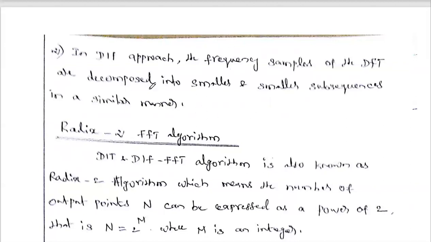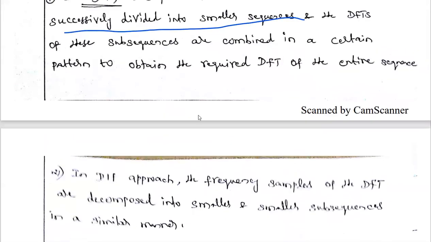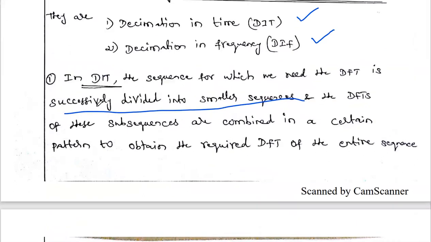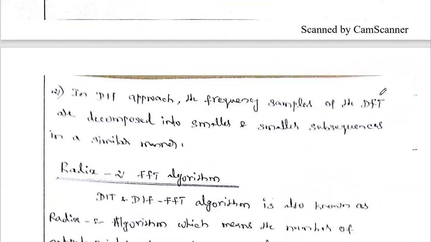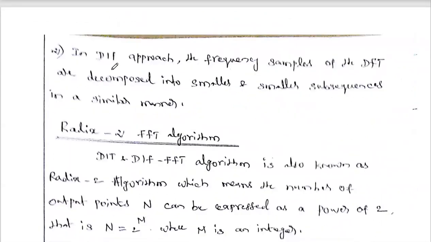This is said to be the DIF. Decimation in time means the time domain sequence is divided into smaller and smaller sequences, we perform the DFTs and combine them. In the DIF algorithm, the frequency samples are decomposed into smaller and smaller subsequences.